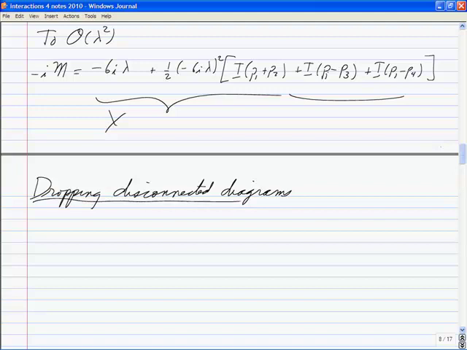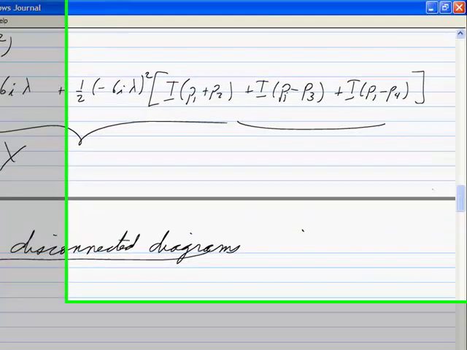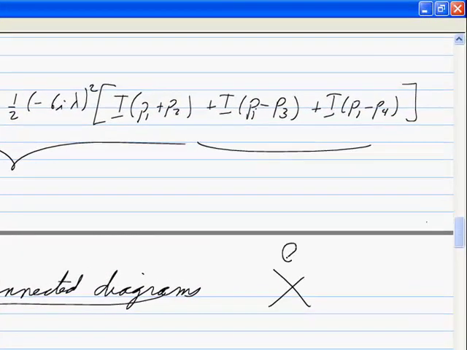Okay, the disconnected diagrams again were ones that look like that at one point and there at the other point. And the logic, I'm not going to do all the steps, but the logic is that this amounts to just a phase correction for the lowest order diagram.